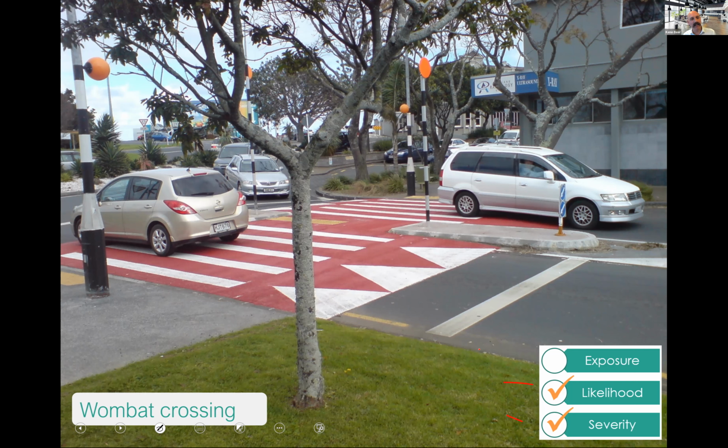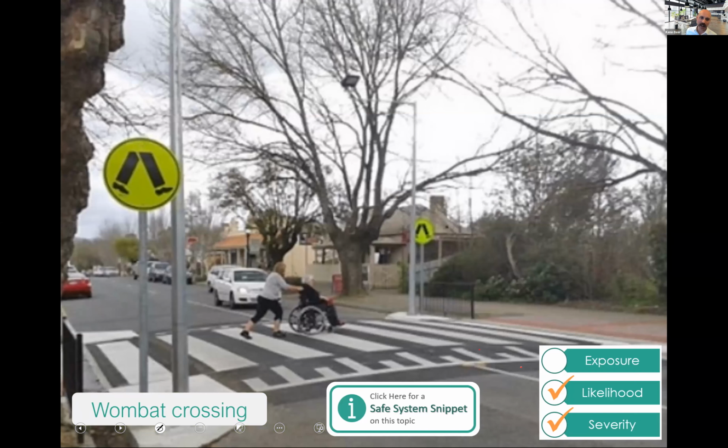Contrast is the key there. So what they're trying to do with the red is get even more reduction in likelihood, even more identification of the area, highlighting it and all that. And that's fair enough. But generally, black, dark pavement with white zebra stripes is sufficient and does a pretty good job.